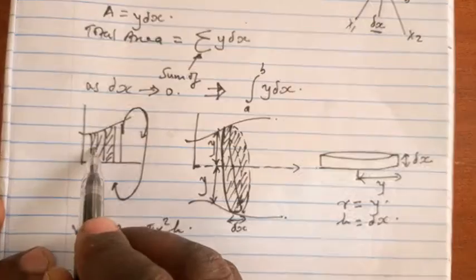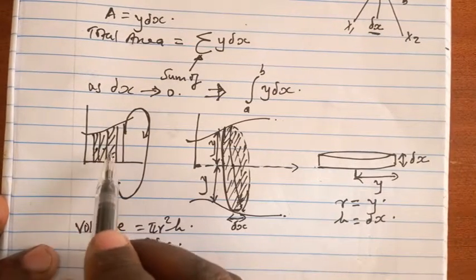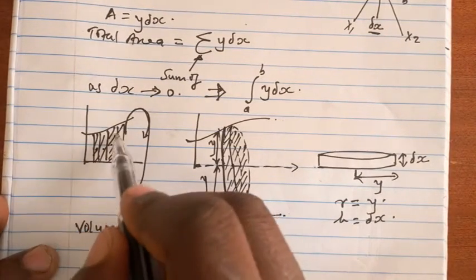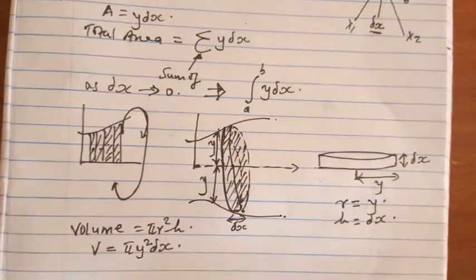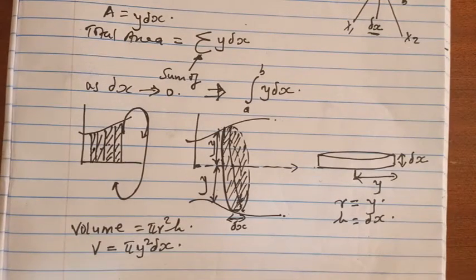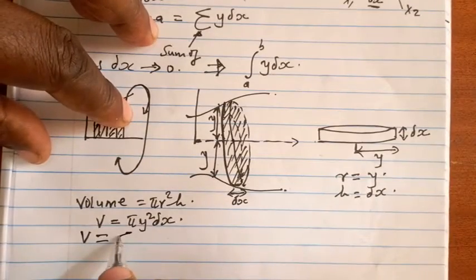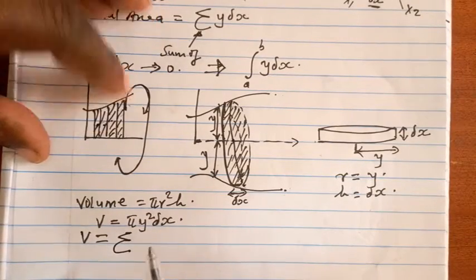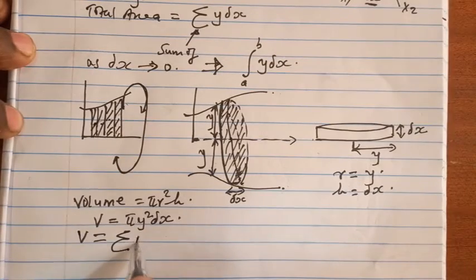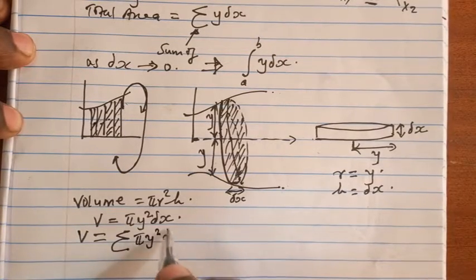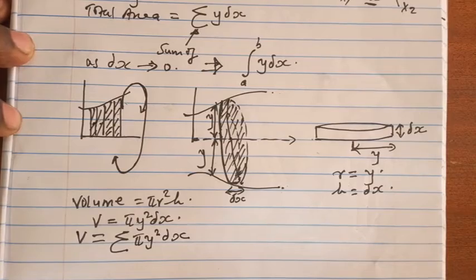So we have to get the volume of that one, plus the volume of that one, plus the volume of that stripe, and plus the volume of that stripe. And therefore, when they are many, we get the volume to be equal to sigma. We are adding the volumes together. Sigma of pi y squared dx.